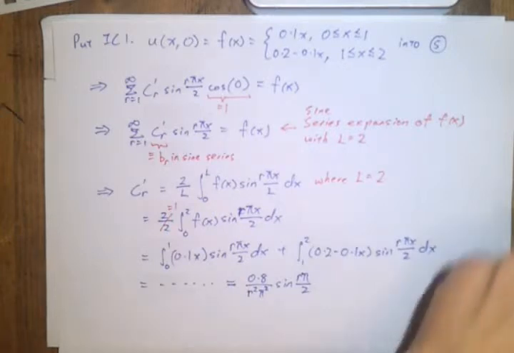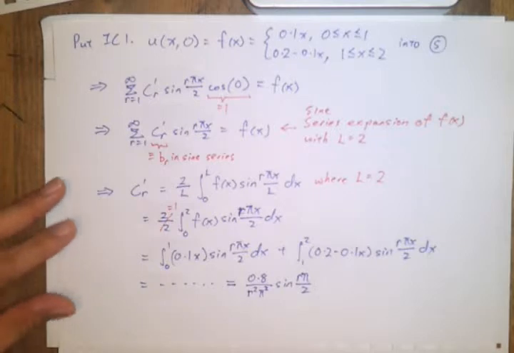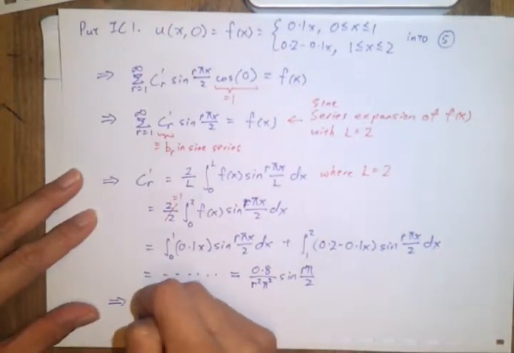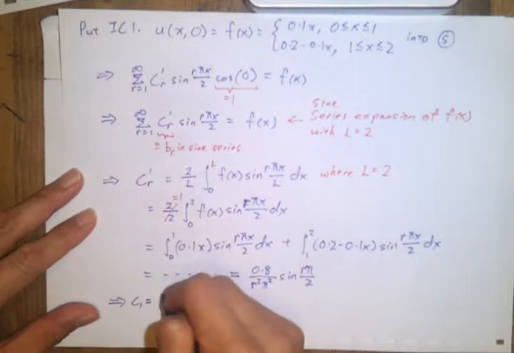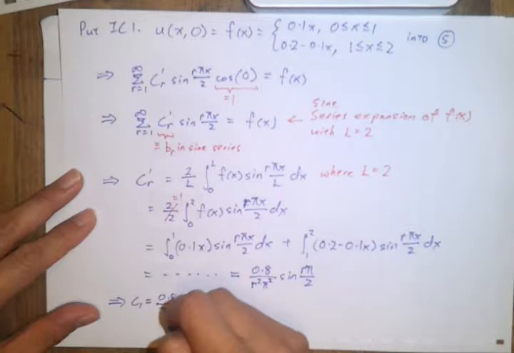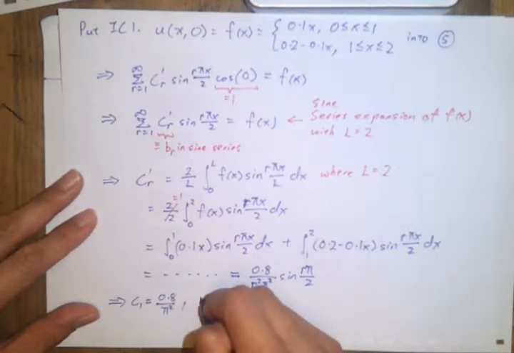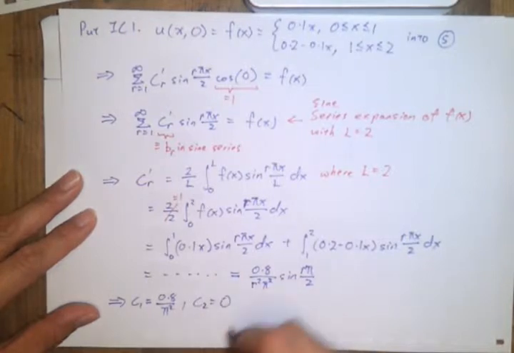With that you will find that C1 is 0.8 over pi squared, and C2 is 0.